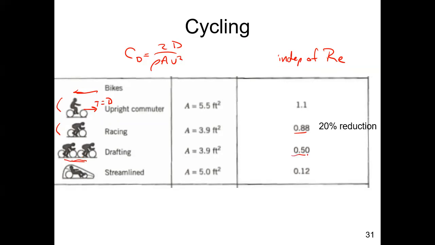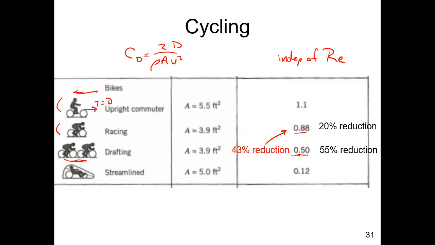And again, what that does is the rider in the back is basically riding in the wake of the first rider. And so that second rider is actually in a zone that's not a capital U. It's in a zone that's actually something less than that. And so here you have a 55% reduction in the drag coefficient, or over riding all by yourself, a 43% reduction.